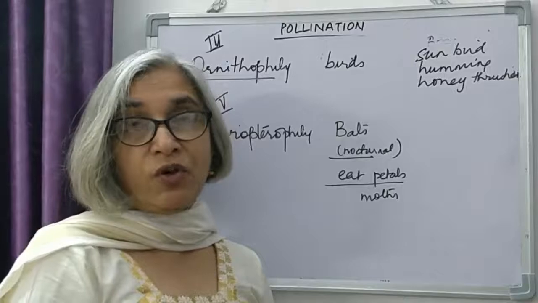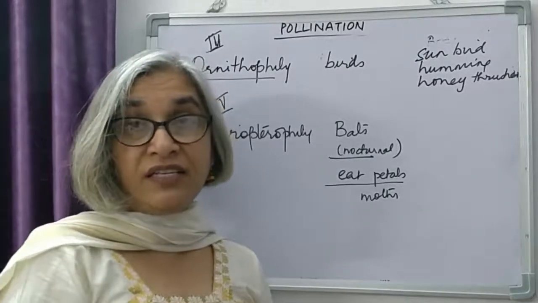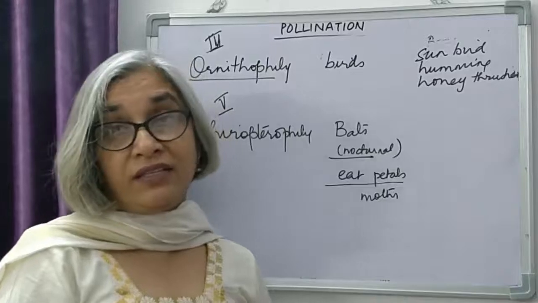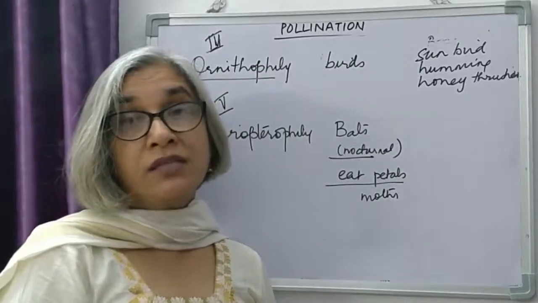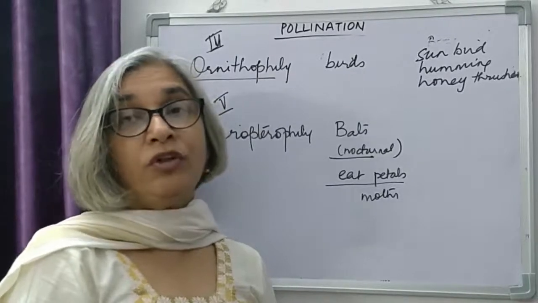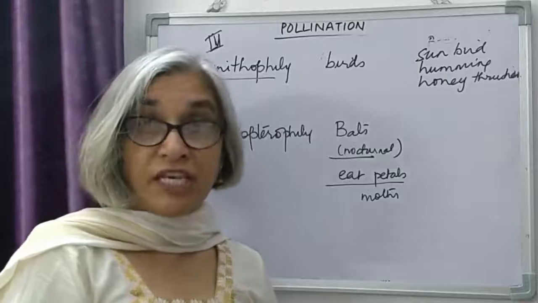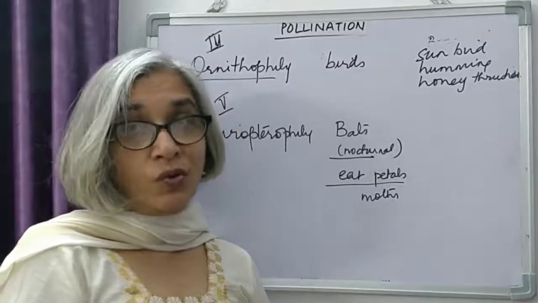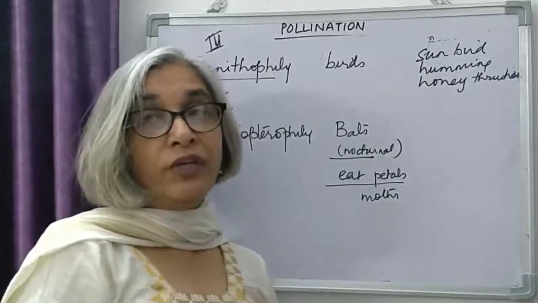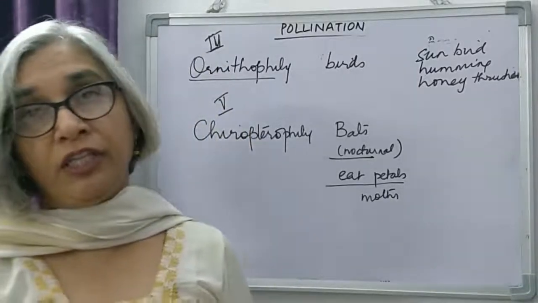Like I was talking about previously, disease resistant varieties and high yielding varieties. The two characters are brought together by humans by the process of artificial pollination. We also call it hybridization. So this is how the different agents bring about cross-pollination.